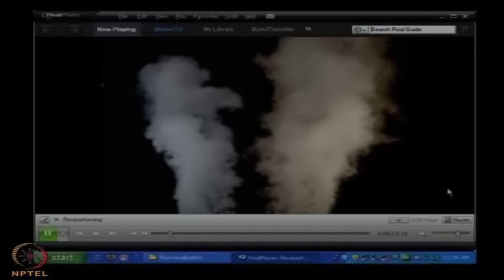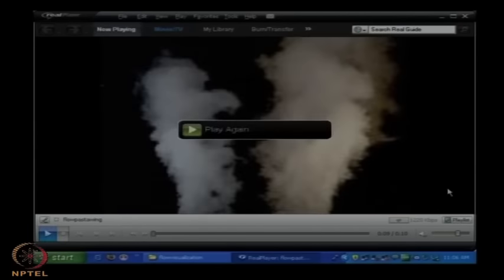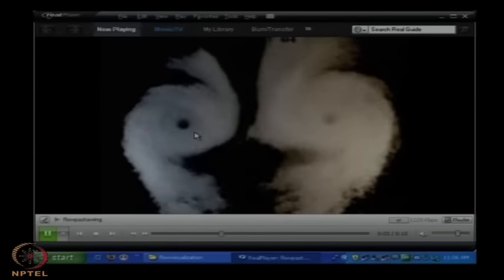But if you look into some other examples, this is particle visualization, this is also particle based visualization, but visualization through smoke emission. You can clearly see that a wing of an aircraft has passed, and when it has passed it has created a vortex. See the rotations, and by the smoke emission that is being visualized.